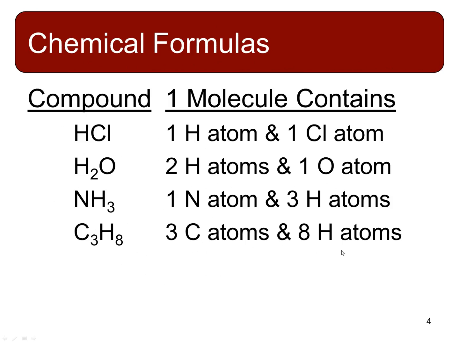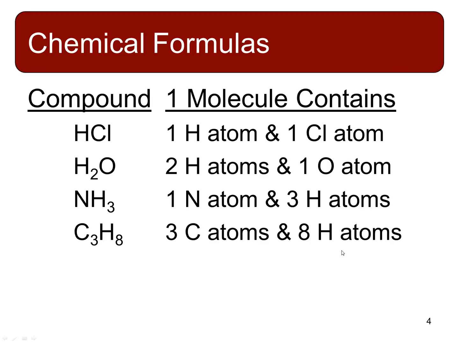If we have HCl, hydrochloric acid, the subscript is understood as 1 here. The subscript is what tells you how many atoms of each element are present in the molecule. So for HCl, we have 1 hydrogen and 1 chlorine atom.